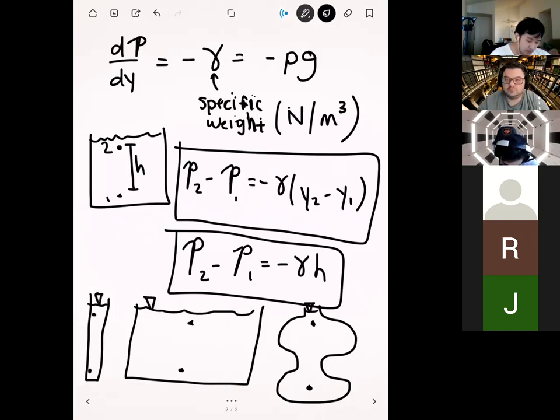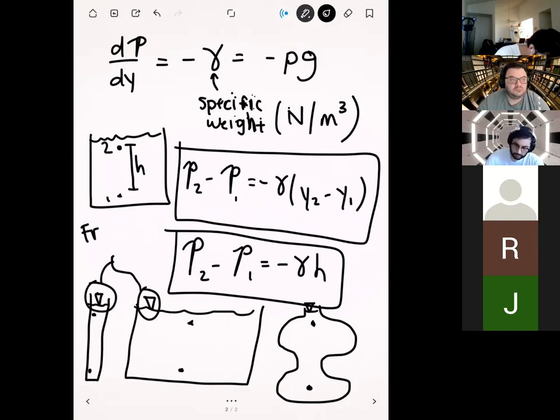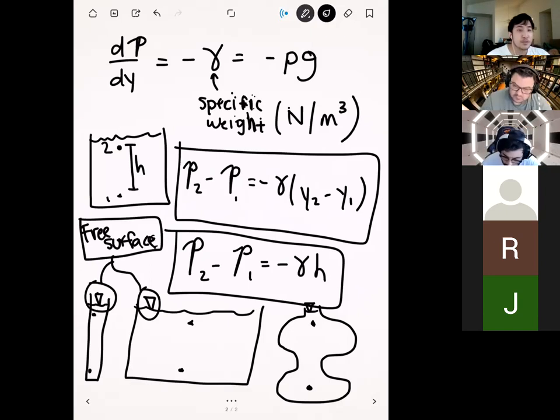Okay. One other thing before we move to the next slide is that you'll often see me use this triangle. I'll put this little triangle on top of the surface of the fluid, right? This is a symbol that I use to denote a free surface. Free surface means that that surface is connected to the atmosphere.